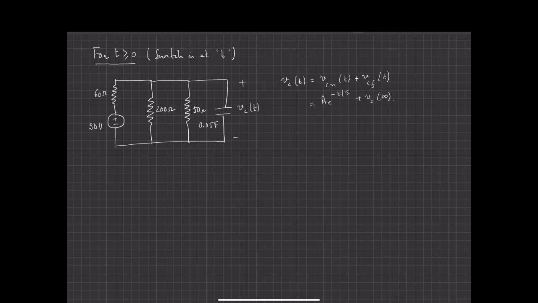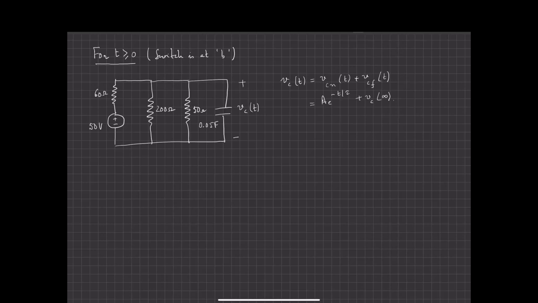Okay, so what we have to determine now in the circuit is the constant A, the time constant tau, and the value of the constant we see at infinity.